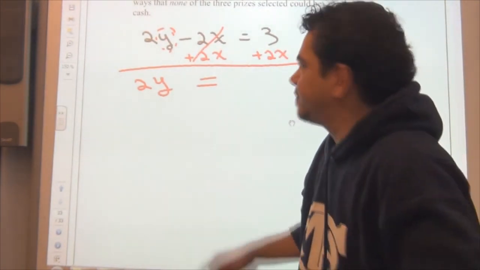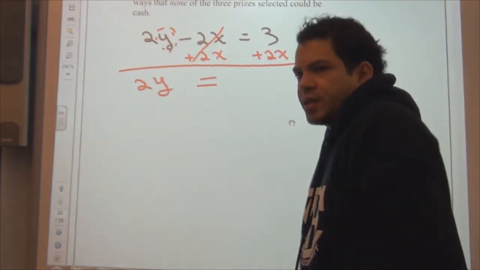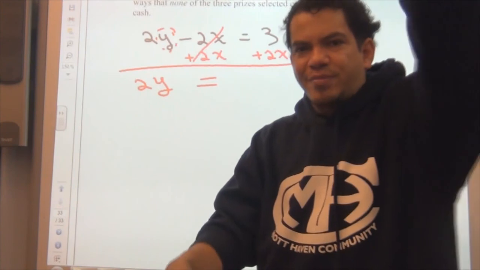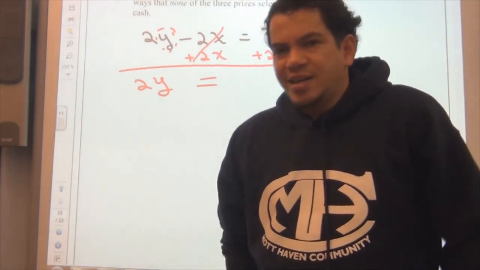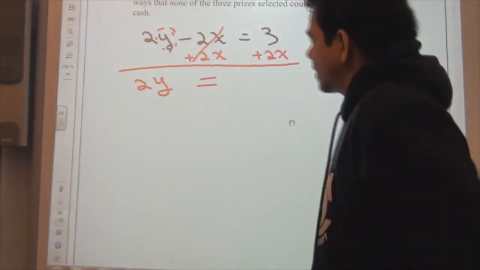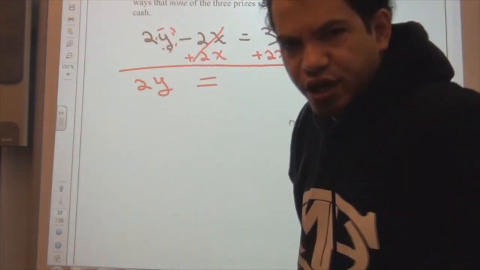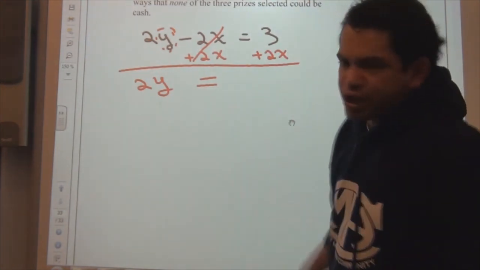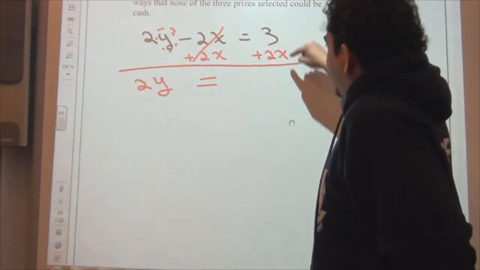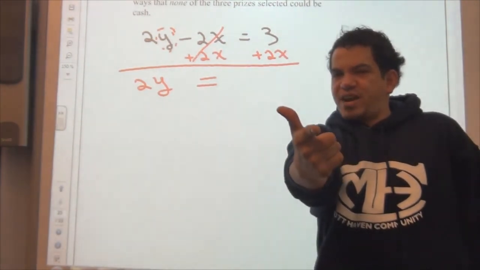5x, Mr. Beker? No. Negative 1x, Mr. Beker? No. And then of course there's going to be the smart people going like, you can't do that. I'm sorry. That's impossible. Why? Because like an hour ago when you started the video, you said that they were not like terms because you couldn't combine them because this doesn't have an x. That's right.